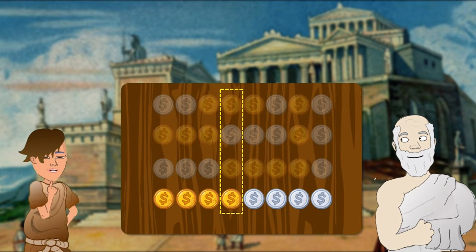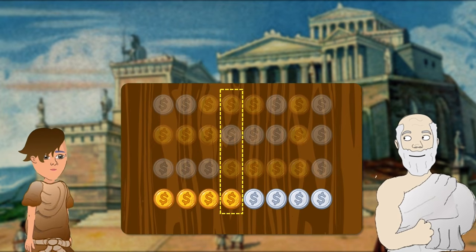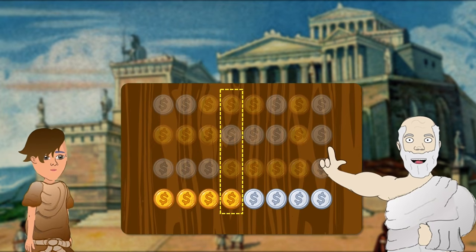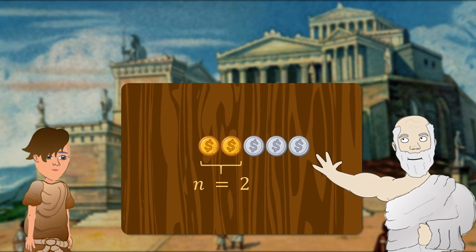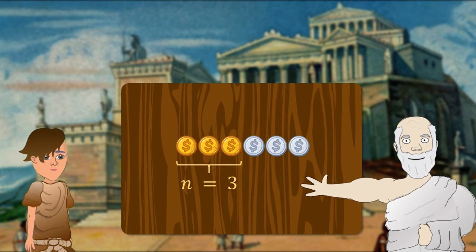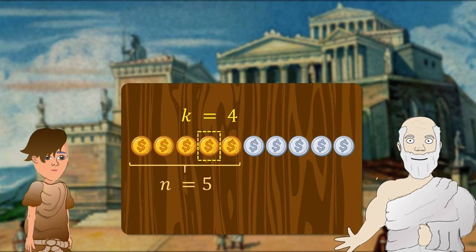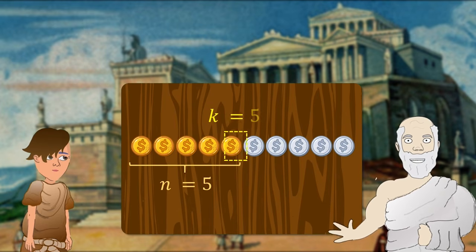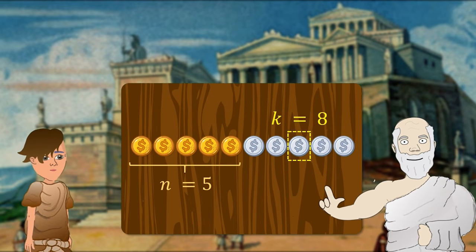Now those 4 bronze coins are already at the left. Yes, the leftmost 4 coins all have the same type. Now our problem is to consider all possible values of n. And instead of just the 4th position, we may consider any position k.